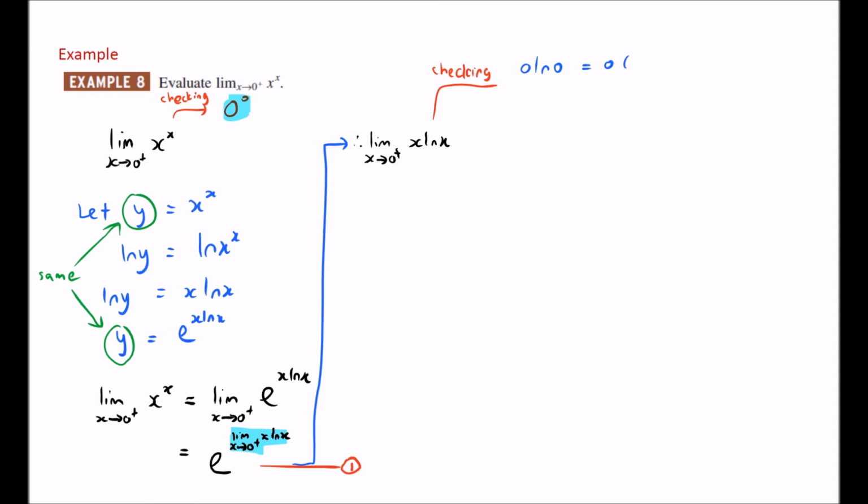Now ln 0 is negative infinity. So we have already converted from 0 power 0 to 0 times infinity. So we have converted successfully.